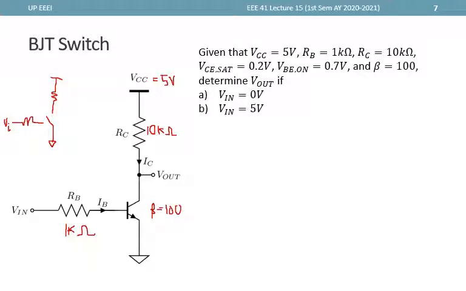Now determine Vout. For the first case, let's say we have here Vin is equal to 0 for this slide.